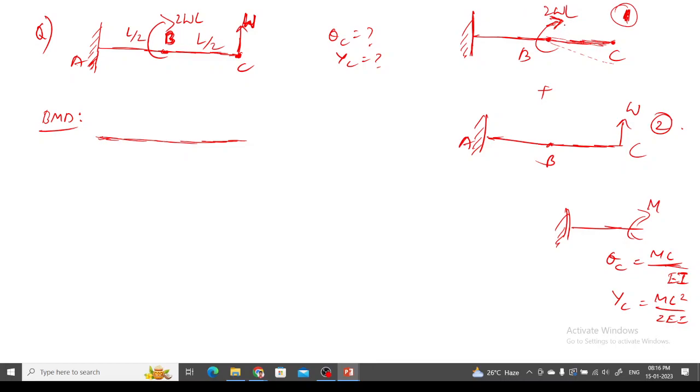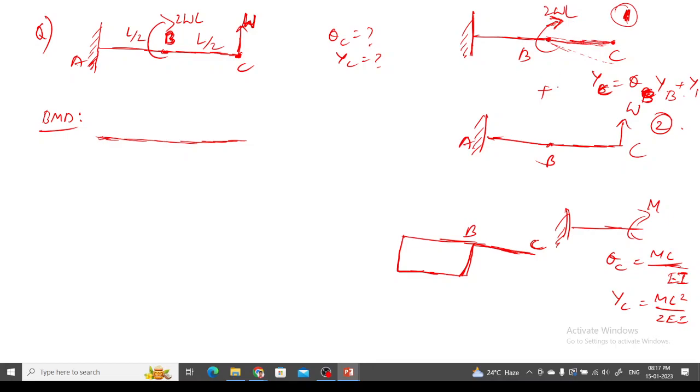Here, first I need to draw the bending moment diagram, like I discussed in the last class. The bending moment diagram should look something like this from B to C. From B to C, I should not have any bending moment. Only then can I use YC equals YB plus theta B into the length, something like this, right?